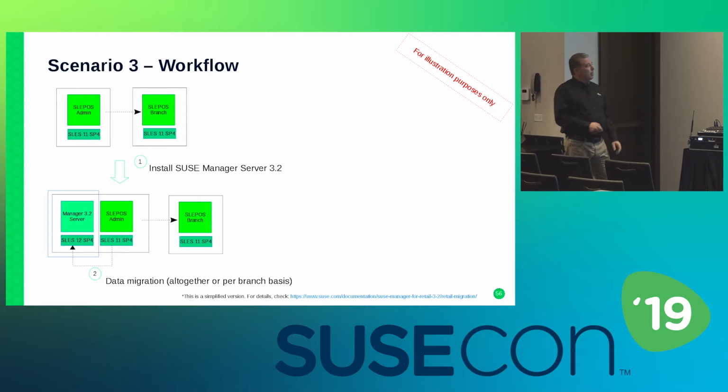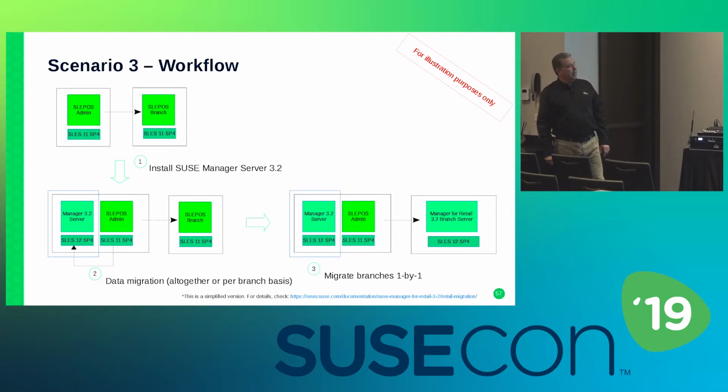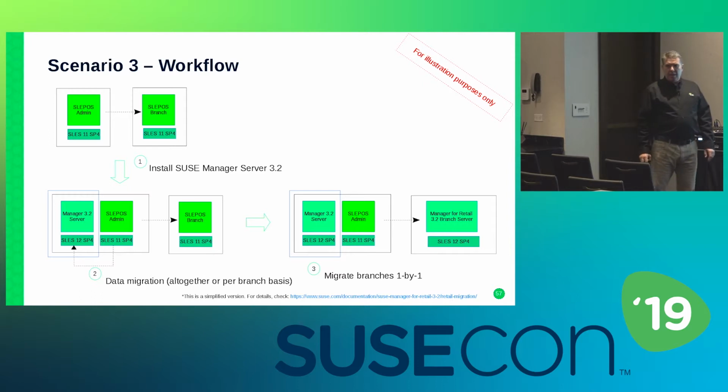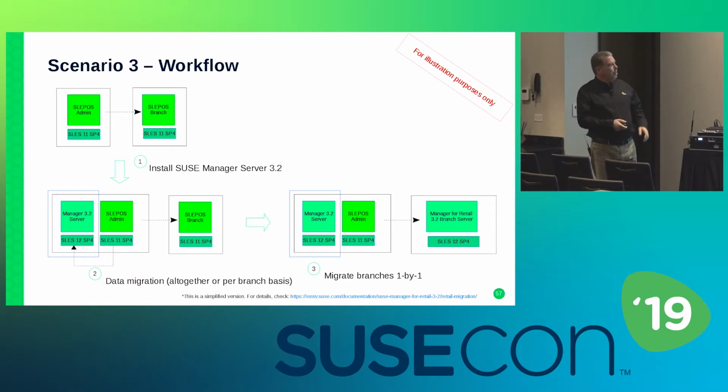Right? And when you export it out, if you've got a very, very large environment, you can say, no, I'll just try one or two branches and see if I can get it to work. Or you can take the whole thing. Okay? Once you've done all of that, your next step is to look at how to do the branches. There, of course, you are getting into an area where you might be affecting what happens in the branch, right? So you would need to start installing the SUSE Manager branch server.